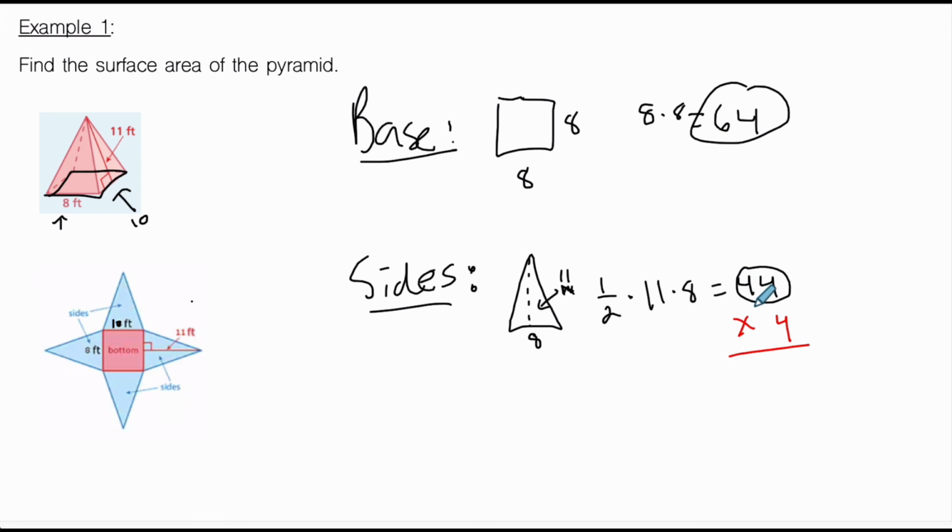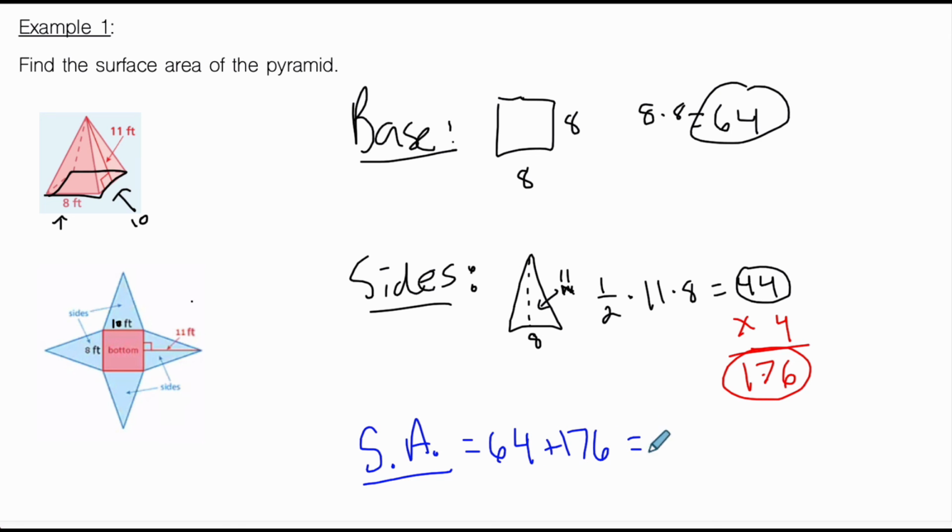So 44 times 4 is 176. That's all 4 sides. And then wrapping it up, the surface area, the area of all the surfaces, is equal to the base plus all 4 sides, which is a nice, even 240 square feet.